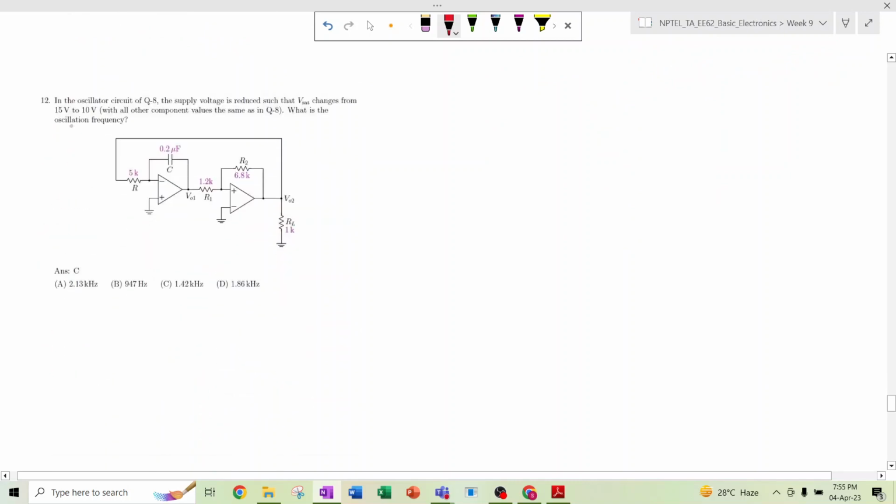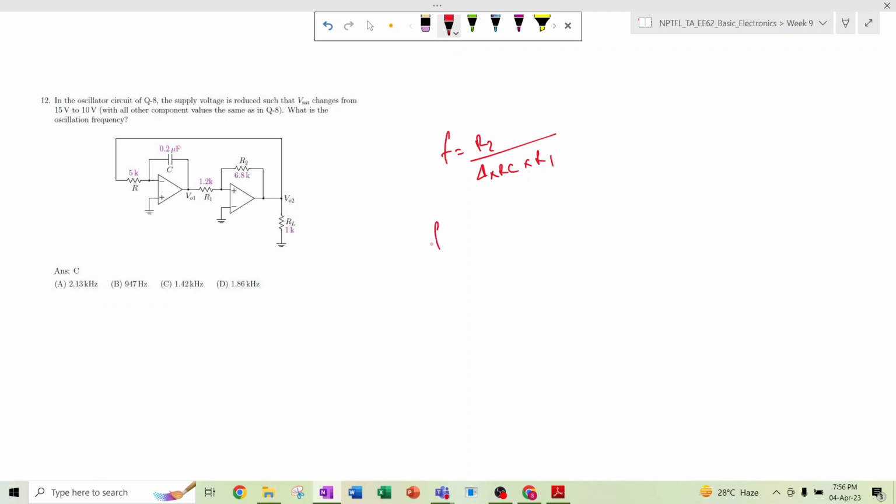Now in this question it is asked, in the oscillator circuit of question 8, the supply voltage is reduced such that the Vsat changes from 15 volt to 10 volt with all other component values the same as in question 8. So what is the oscillation frequency? We know F is nothing but whatever we derived, R2 divided by 4 into RC into R1. So we can see that the frequency is independent of Vsat.